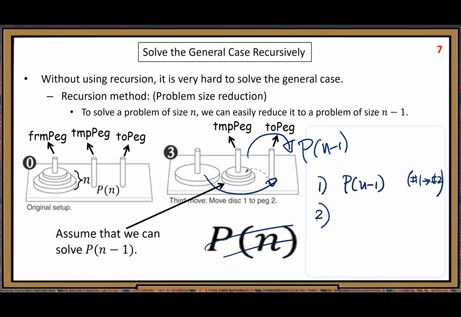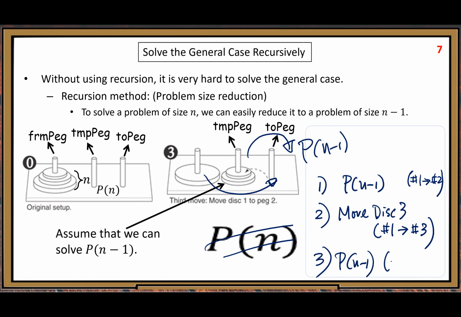And step 2, move disk 3 from first peg to third peg. Step 3, another P of n minus 1 solution, but this time from peg number 2 to peg number 3. How about that? It's done.